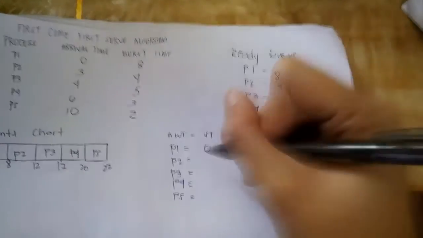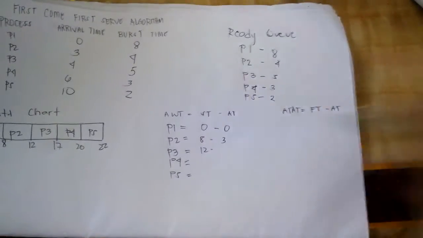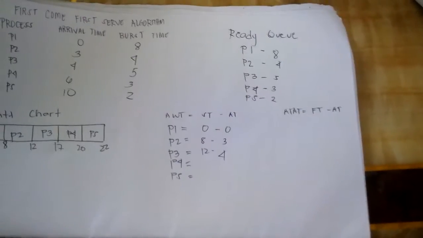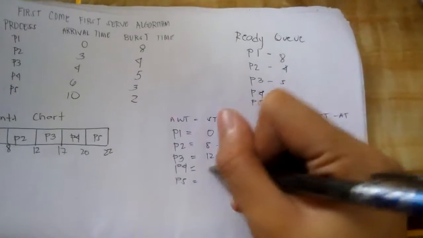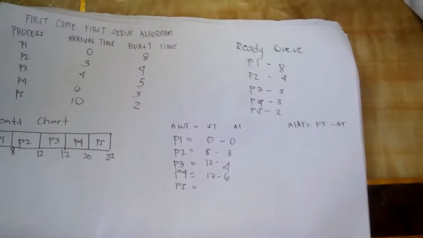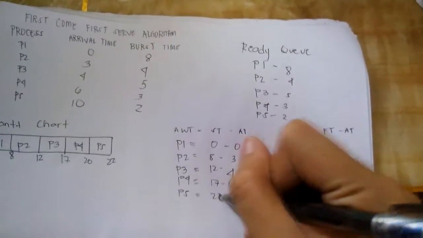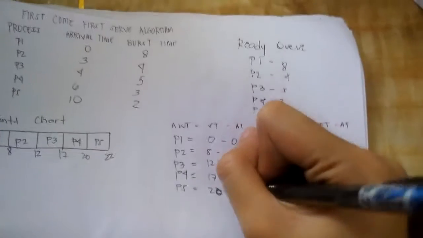P2 starts at time 8 minus its arrival time of 3. P3 starts at time 12 minus its arrival time of 4. P4 starts at time 17 minus its arrival time of 6. P5 starts at 20 minus its arrival time of 10.